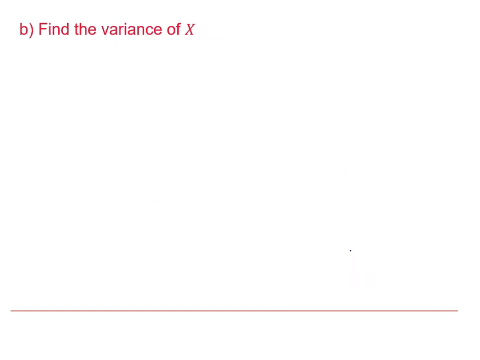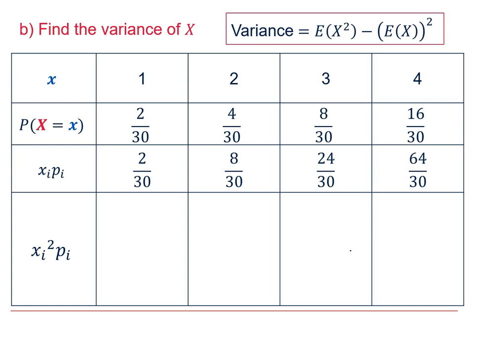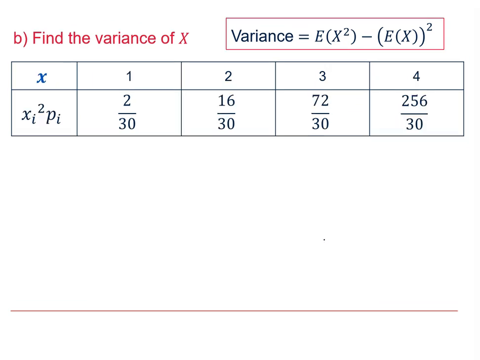To find the variance, remember we need to find the expected value of x squared this time. So we've found the values for x multiplied by the probability of getting that value. Now we need to do x squared. So this would be 1 squared multiplied by 2 over 30, 2 squared multiplied by 4 over 30, etc. And here we have all the outcomes for x squared p_i.